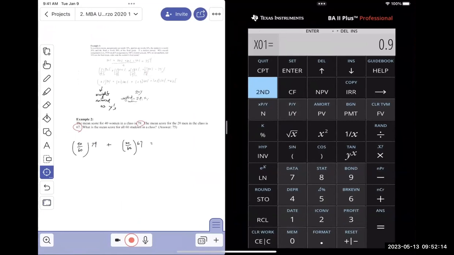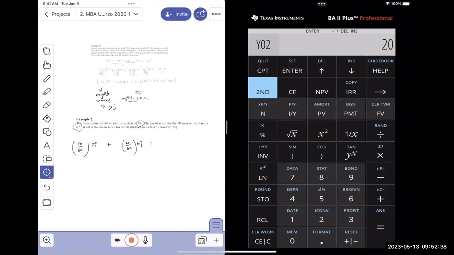let's go back into the data. Let's clear the worksheet. And I'm going to put 79 in. And then I'm going to make a calculation of 40 divided by 60, or 4 divided by 6, and enter that as the weight. Scroll down and then put in the score, 67, enter down, and the y will be the weight.